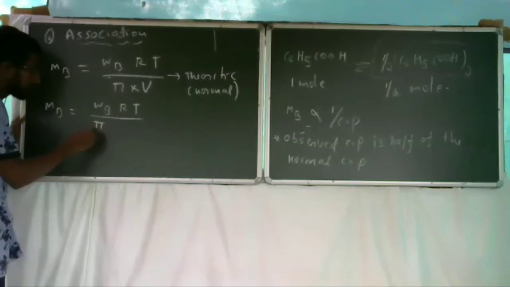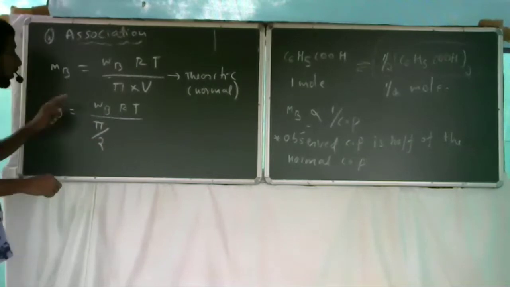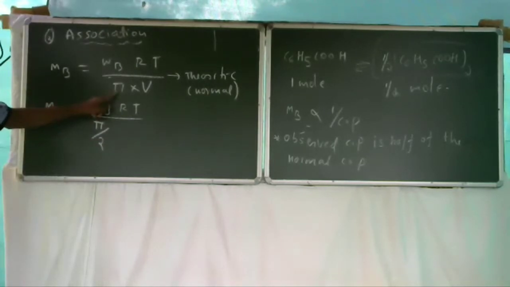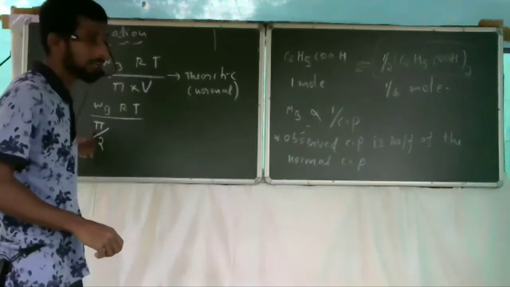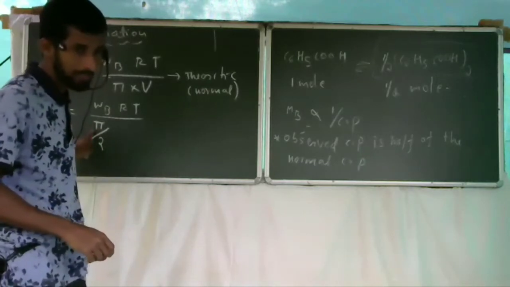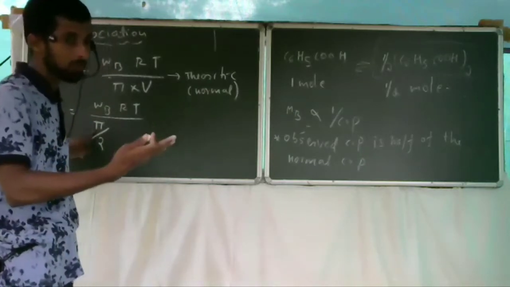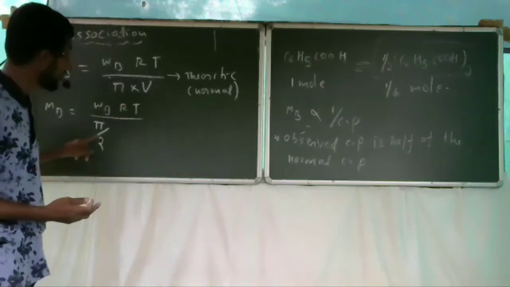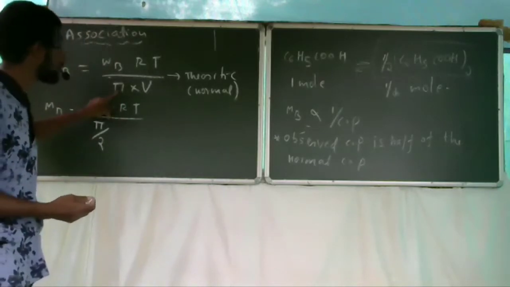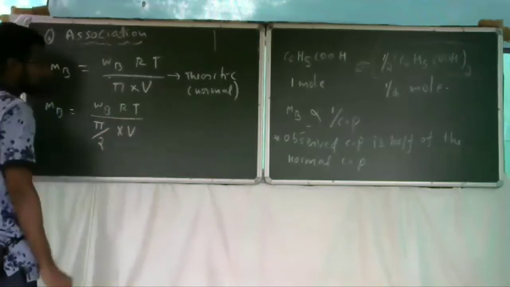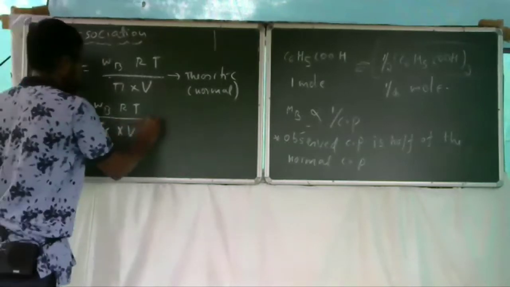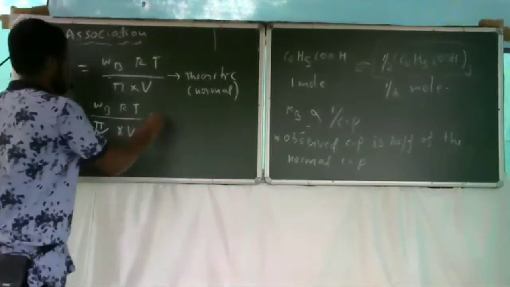Normal is pi, half of the normal means what? pi by 2. ಅರ್ಥ ಆಯ್ತಲ್ಲ? ನಾರ್ಮಲ್ ಎಷ್ಟಿರೋದು ನಿಮಗೆ pi ಉಂಟು, ಆಸ್ಮೋಟಿಕ್ ಪ್ರೆಷರ್ pi, ಬಟ್ ಆಕ್ಚುಲಿ ಅಬ್ಸರ್ವ್ ಮಾಡಿದೆಷ್ಟು? pi by 2, half of the normal. pi ಇದ್ರೆ half of that means what? pi by 2 into V.